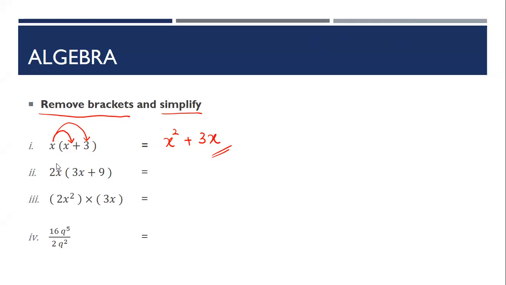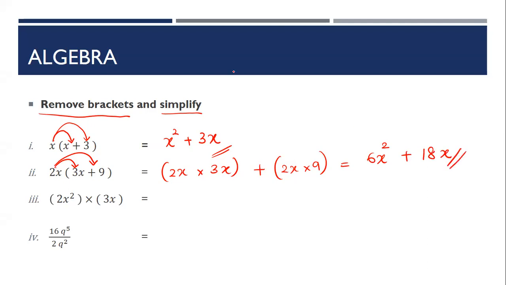So here, 2x into 3x plus 2x into 9. So here 2x into 3x is 6x square, plus 2x into 9, it is 18x. Okay, so the second answer is 6x square plus 18x.